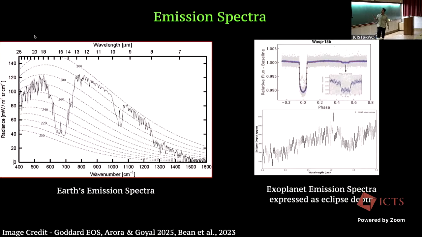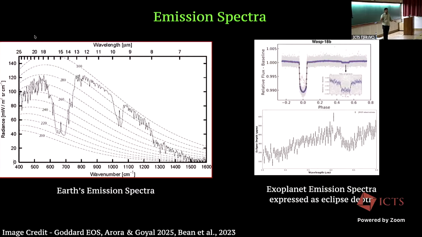You can see in TESS, which is a very small satellite, the quality is much lower. This is what JWST quality emission spectra look like. Because of JWST's much bigger aperture, the emission spectra we get have much higher SNR compared to TESS, and we get a nice spectrum where you can detect the features.